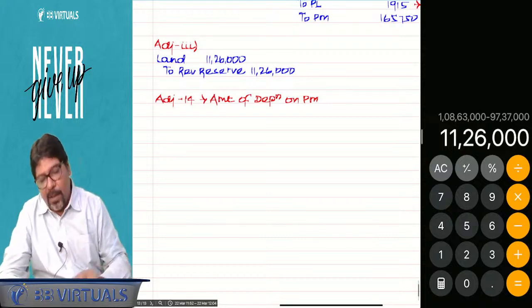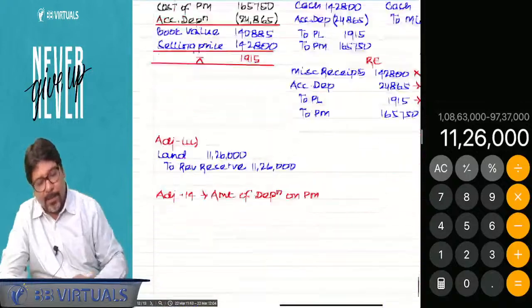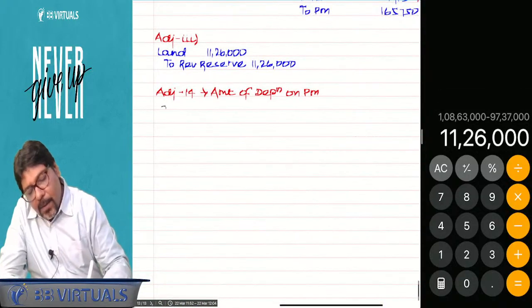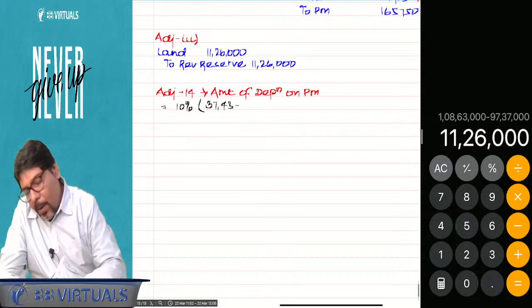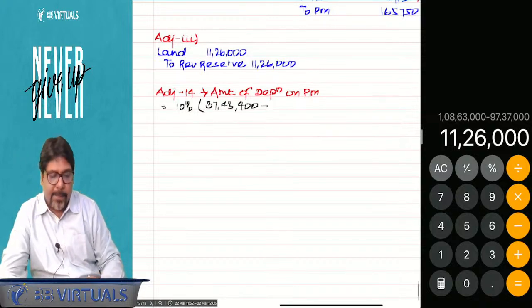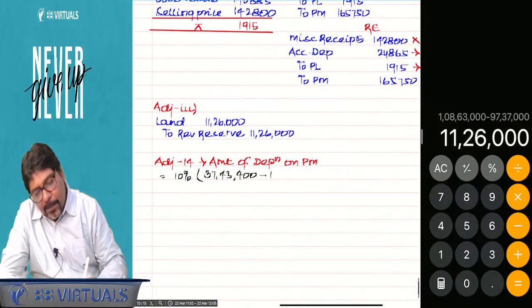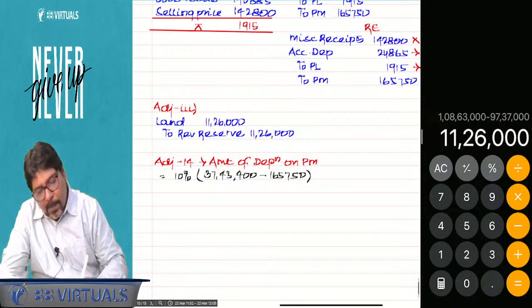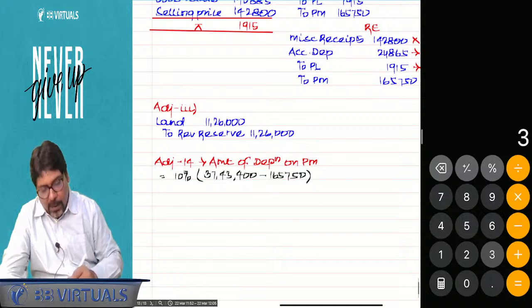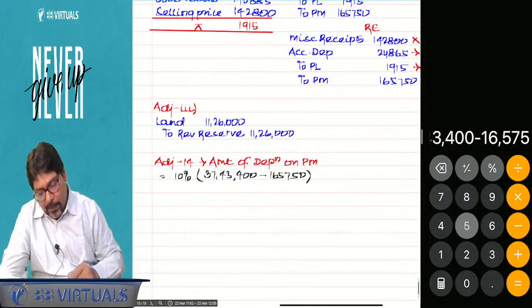What is the value of plant and machinery? Plant and machinery is 37,43,400. Depreciation is equal to 10% of 37,43,400 minus, you have sold the asset worth how much? 165,750. 37,43,400 minus 165,750.